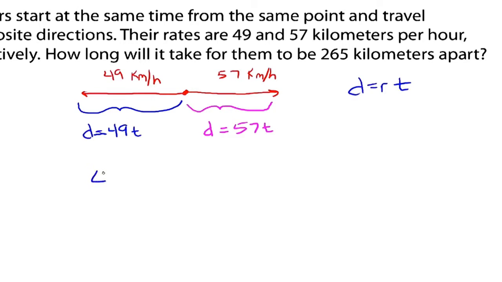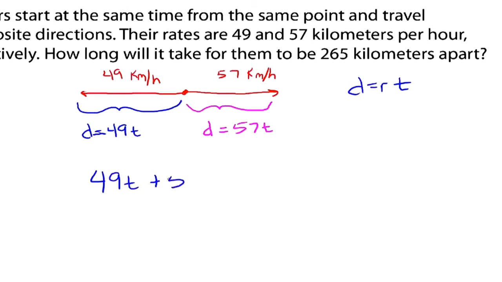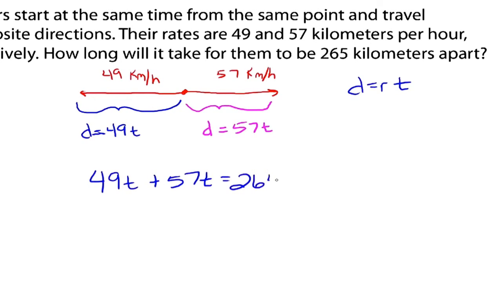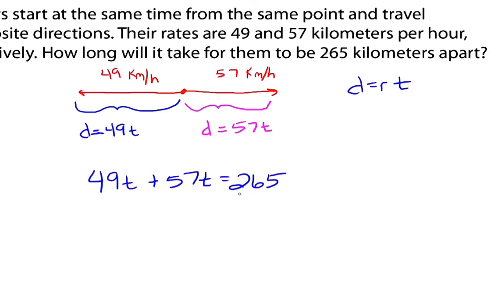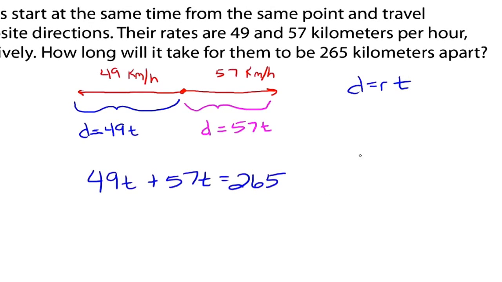So our equation is 49t plus 57t is equal to 265, right? The distance of the first car going out to the left plus the distance traveled by the second car going out to the right, those two distances added up have to be 265, and that's the equation we have to solve for t.